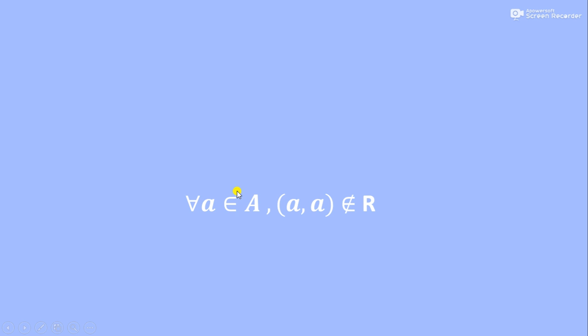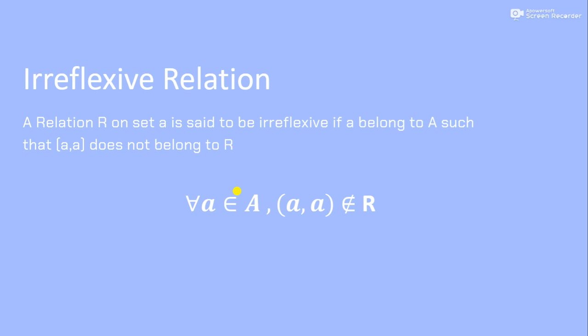So I'm going to define the irreflexive relation now. A relation R on set A is said to be irreflexive if for all a belongs to A, (a, a) does not belong to R. So we don't need to include the diagonal elements or reflexive pairs in the relation.